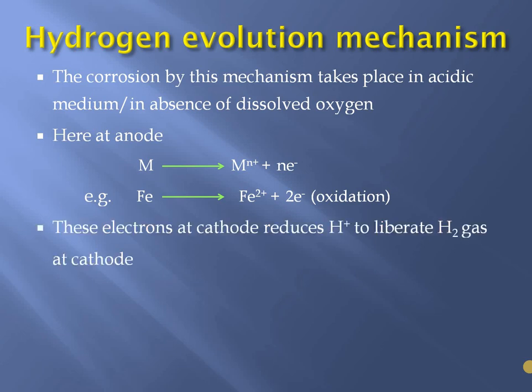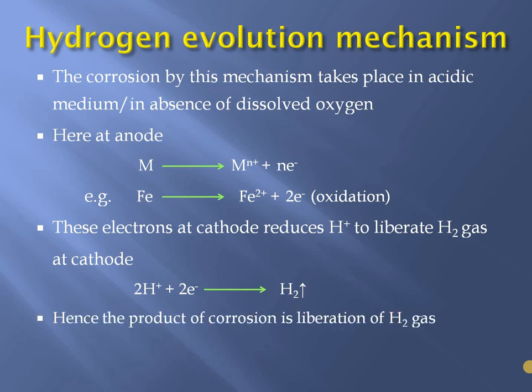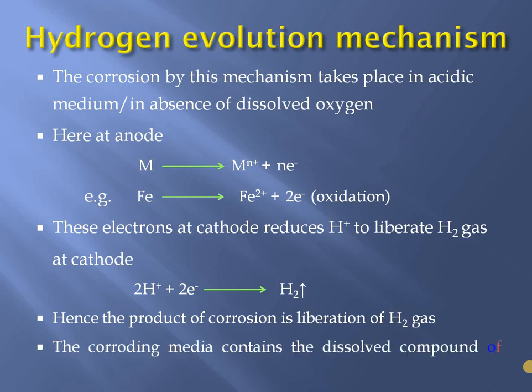Now these electrons will migrate from anode to cathode, and at the cathode the electrons will be captured by the H+ ions present in the electrolytic solution, and there will be liberation of H2 gas at the cathode. So at the cathode, 2H+ plus 2 electrons will lead to the evolution of hydrogen gas. Hence the product of corrosion is liberation of hydrogen gas, and the mechanism is called hydrogen evolution mechanism. The corroding media contains dissolved compounds of the anodic metal.